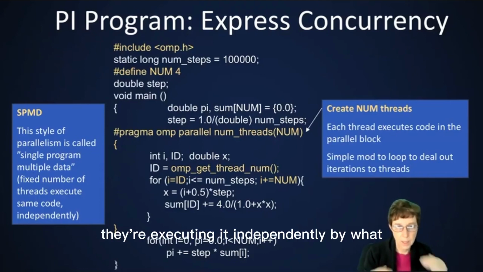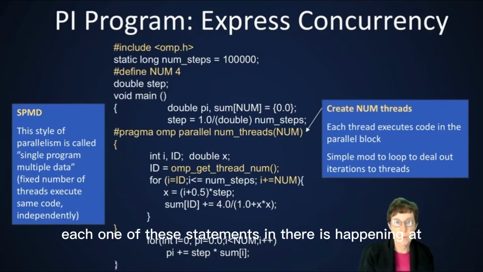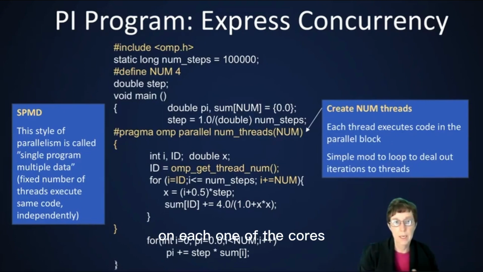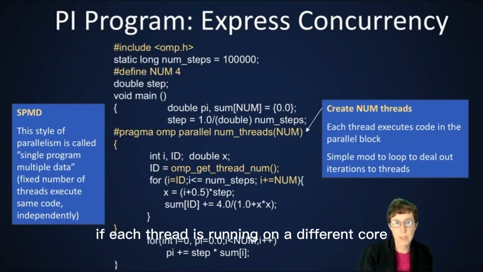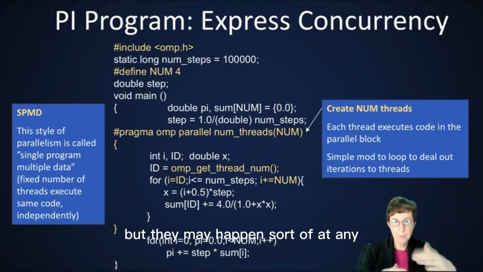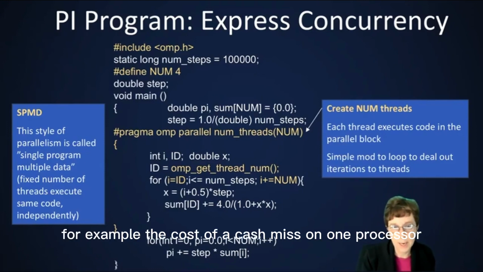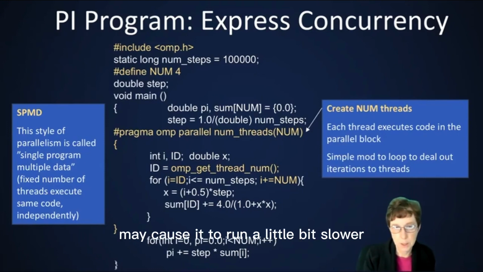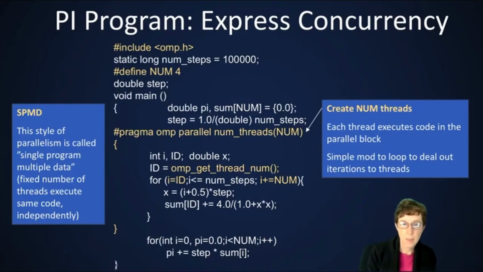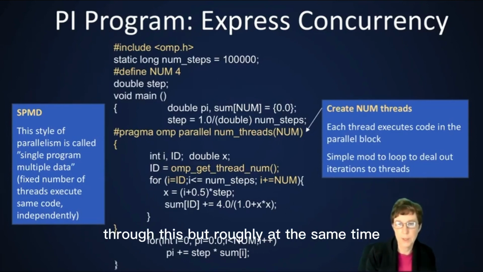Now they're executing it independently, by which I mean it's not as though each one of these statements is happening at exactly the same instant, the same clock cycle on each one of the cores, if each thread is running on a different core. They may happen at any given point in time. For example, the cost of a cache miss on one processor may cause it to run a little bit slower than one of the other cores, one of the other threads, so these are executing at their own pace, but roughly at the same time.